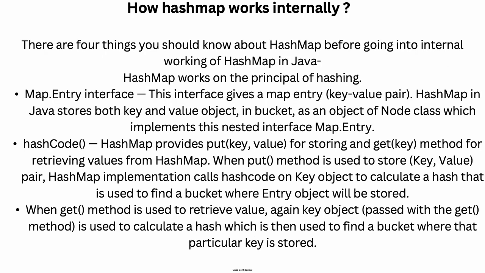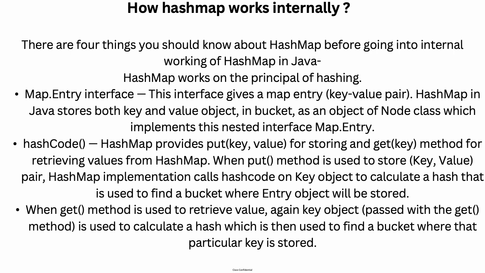This is the interviewer's favorite question: how does HashMap work internally? There are four things you should know about HashMap before going into its internal working. First, there is the Map.Entry interface, which stores both key and value in a bucket as an object of a Node class, which implements this nested interface Map.Entry.